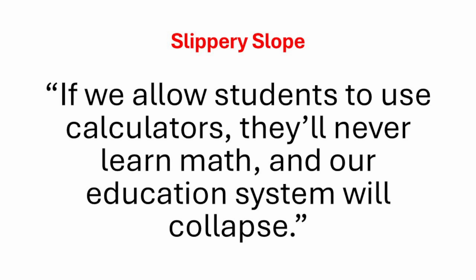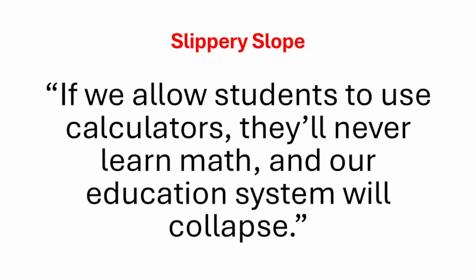So one of those is what we see in social policy. So person A says we should legalize medical cannabis for patients who need it. And person B responds with, if we legalize medical cannabis, next people will demand to legalize all drugs, and soon society will be overrun with drug addicts.